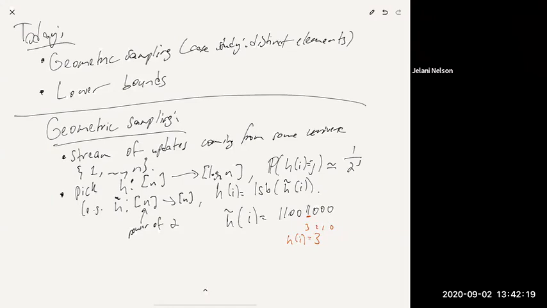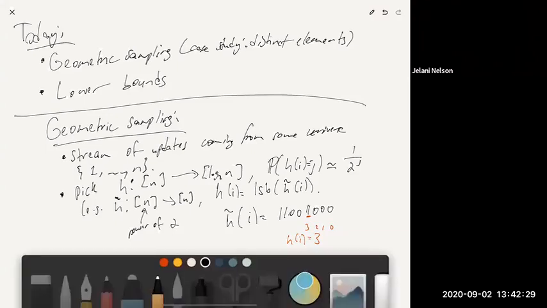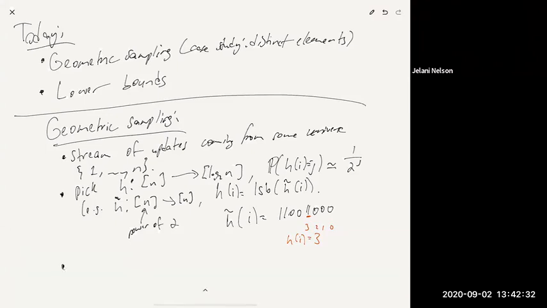So the idea is like you have a data structure that can solve some special case of the problem, like for example this, where you have a bound on the number of distinct elements. And what you're going to do is you're going to basically create, let's say, partition the stream into log n substreams.